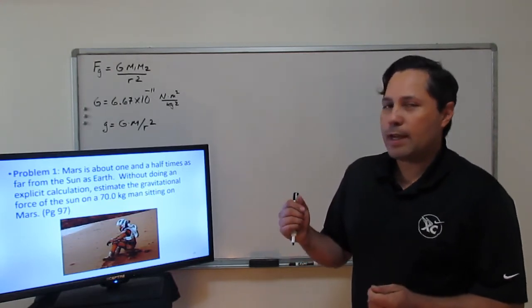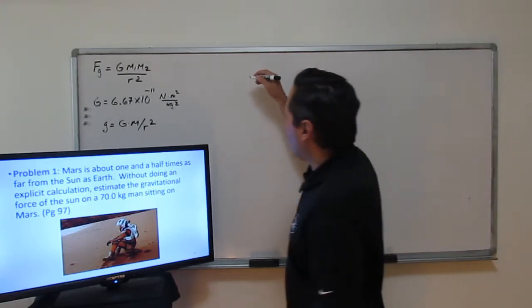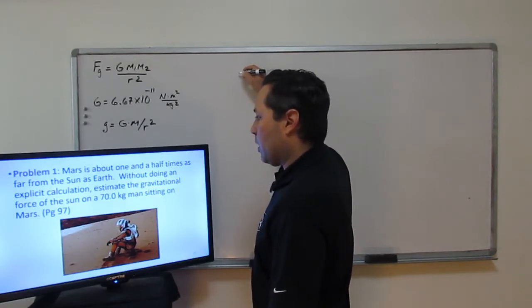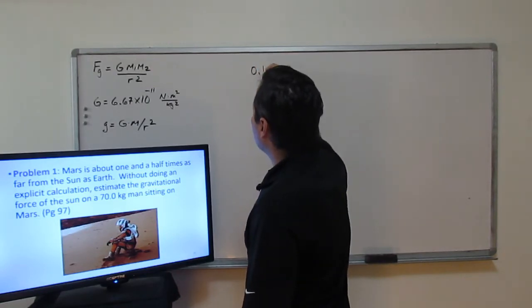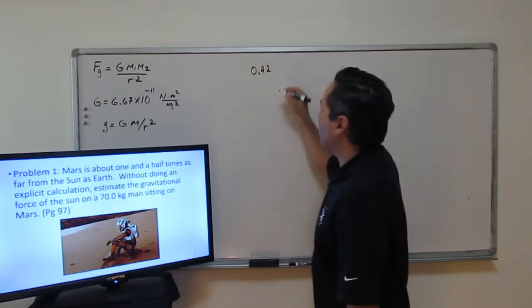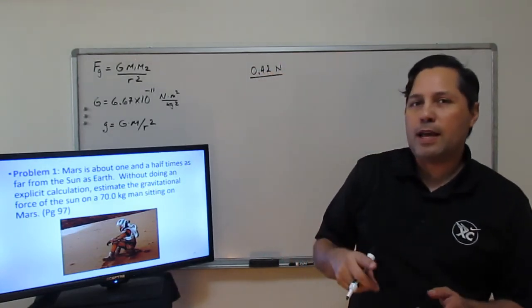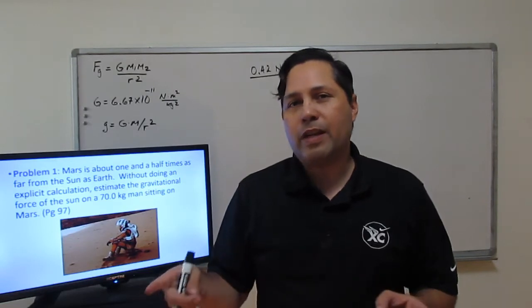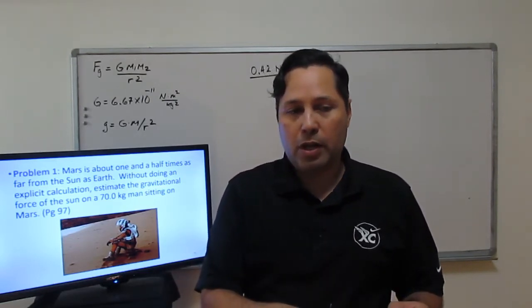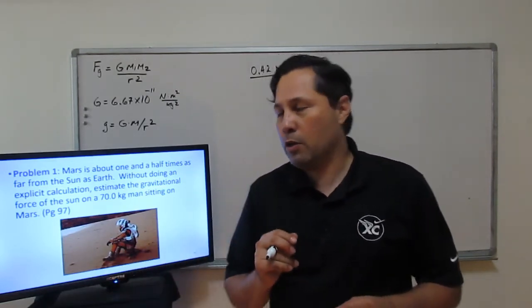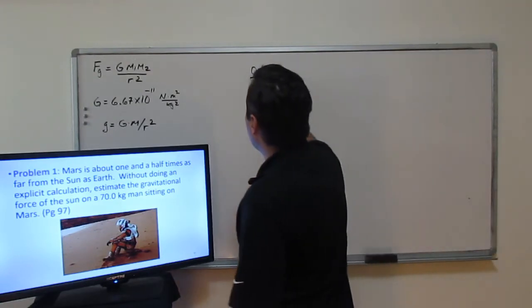So again, they're using some of the data from previously. So for this problem, we know that the force for the man was 0.42 newtons. Now we're going to go ahead and say that he is about 1.5 times further away from the sun than when he was on Earth. So we're going to put 1.5.